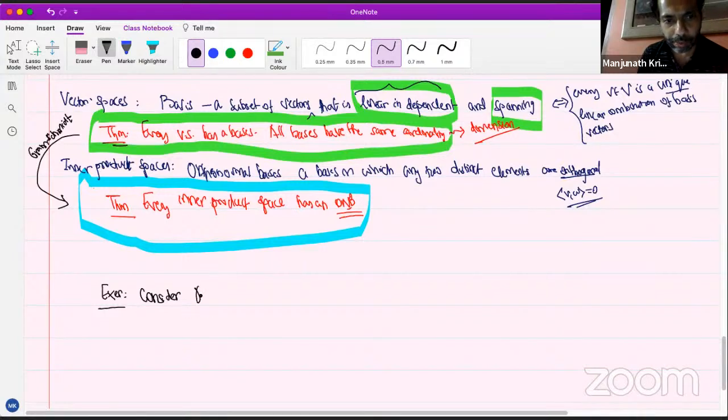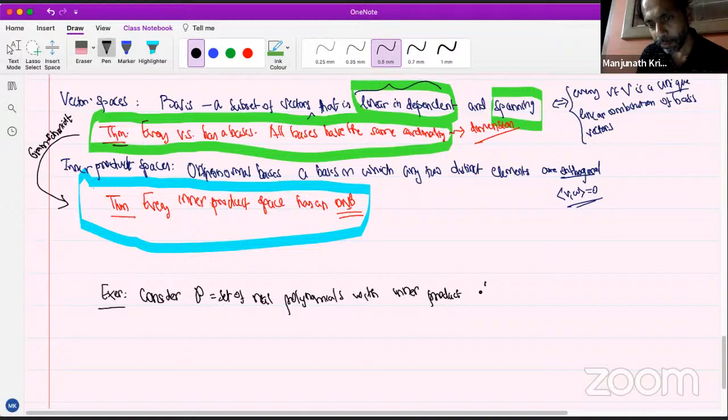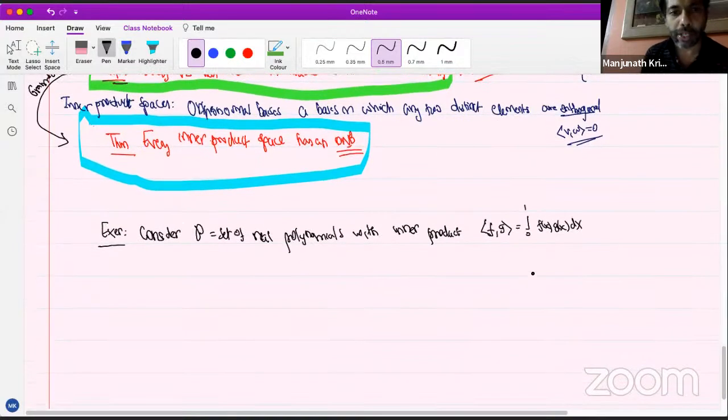Consider the polynomials with this inner product.